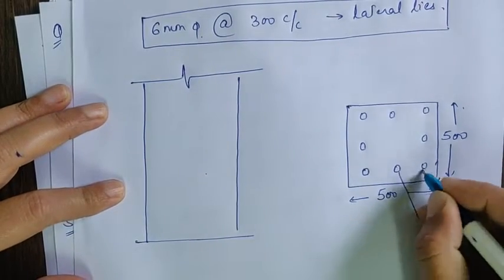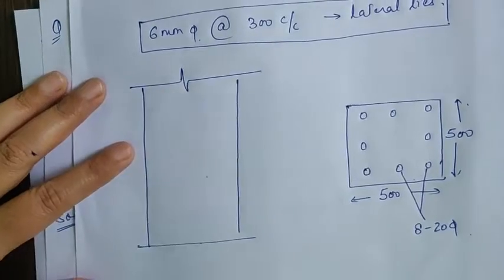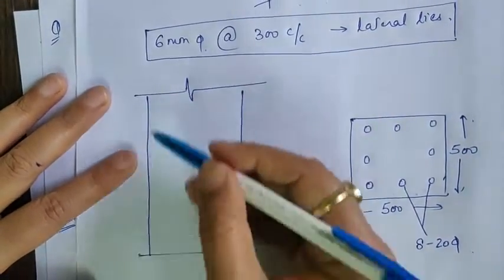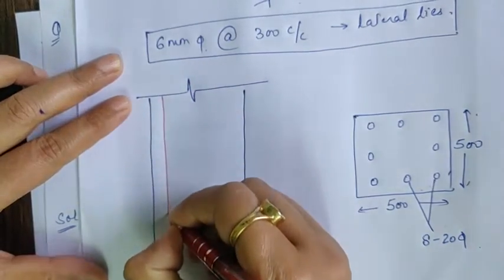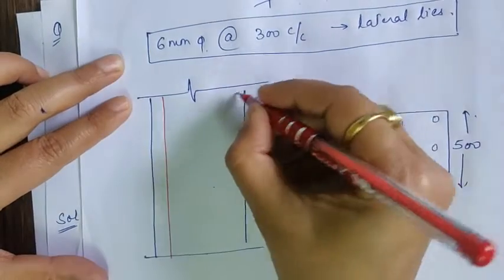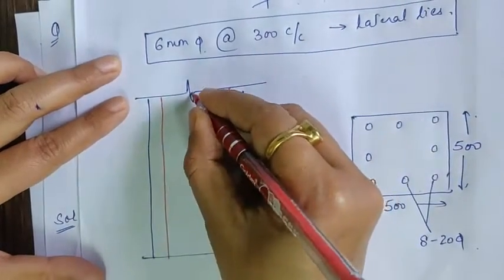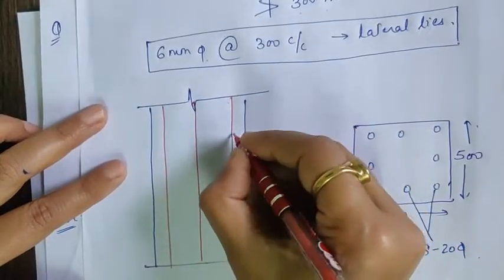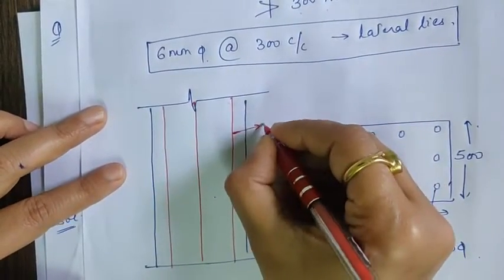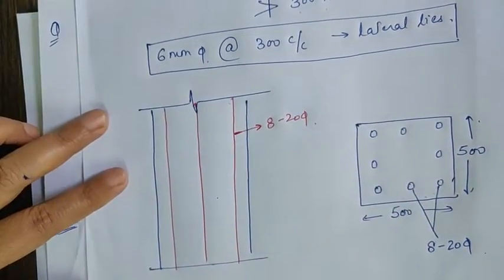So it means this is 8 20 dia. Is it okay? How will we see in the front view? In the front view we will be seeing one vertical bar for all three, another vertical bar for all three. For these two we will be able to see one bar in the center. So we will be writing it here, 8 number 20 dia.